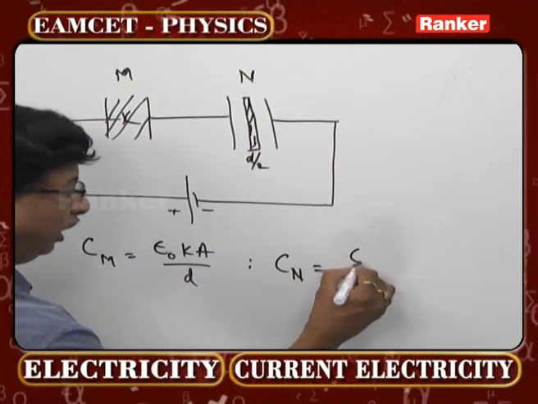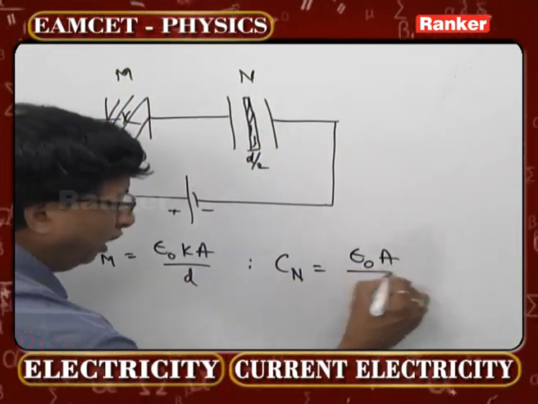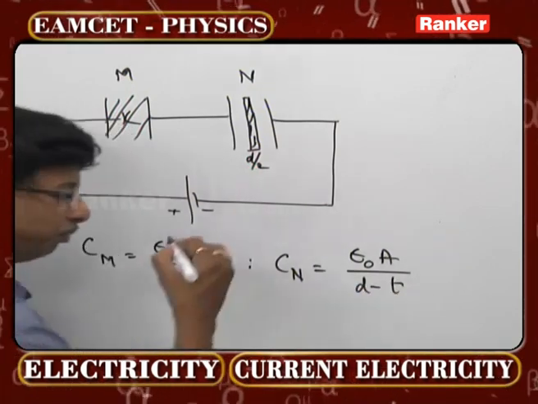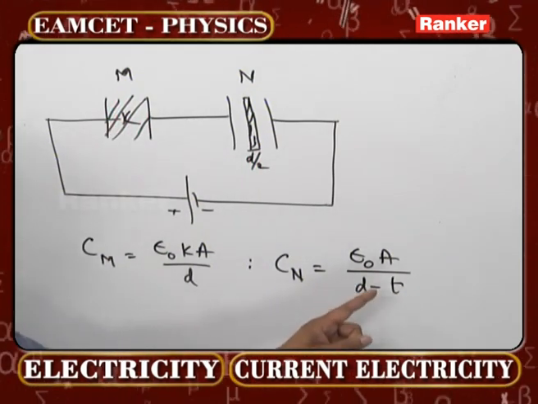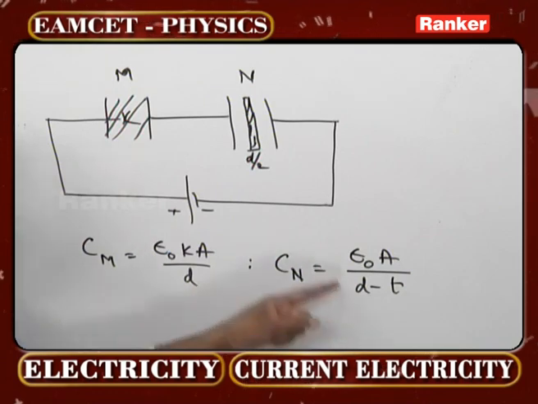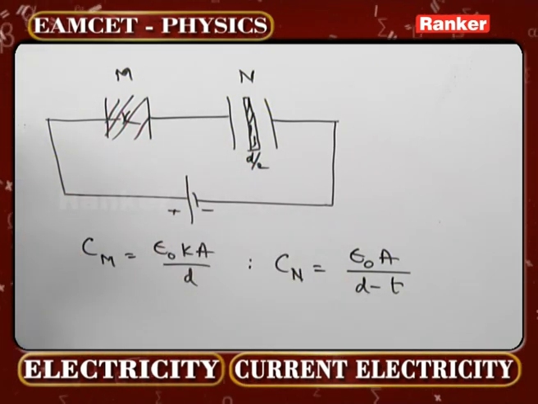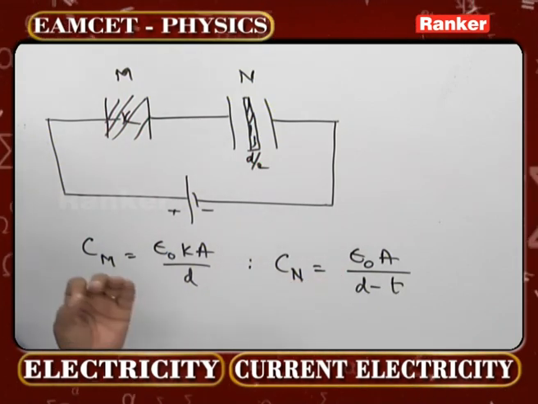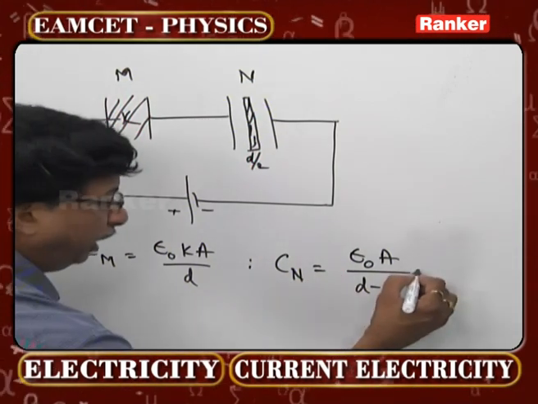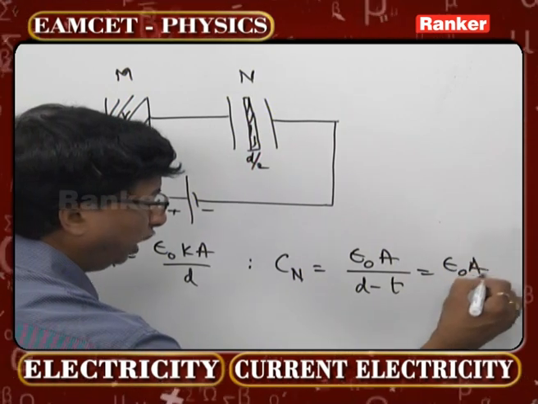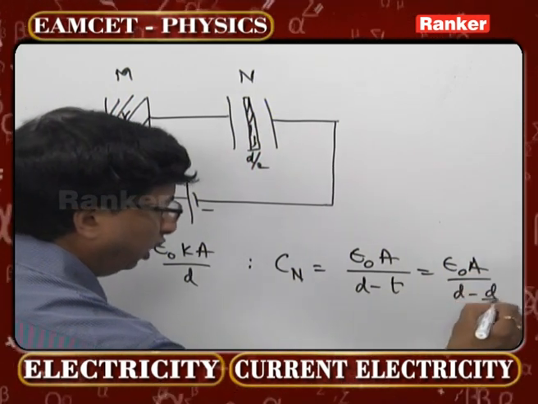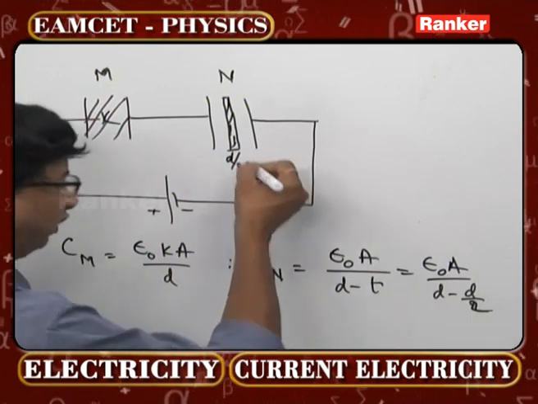What is Cn, the second one? Then we should write epsilon naught A by D minus T plus T by K. But for a copper plate which is a metal plate, K becomes infinity, therefore T by infinity becomes 0. So you can directly write epsilon naught A by D minus D by 2, because thickness is given D by 2.